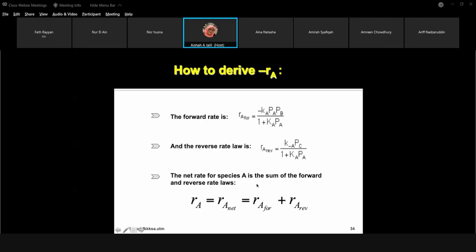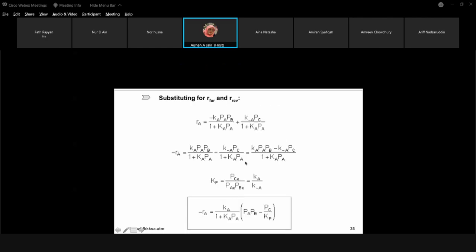This is the example just now. Same. You can see, this comes from where? This comes from here, okay? If in equilibrium, the negative RA must be 0. If negative RA equals 0, so you can ignore this one.